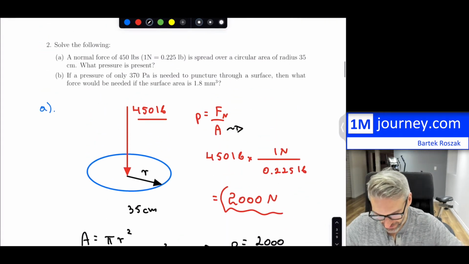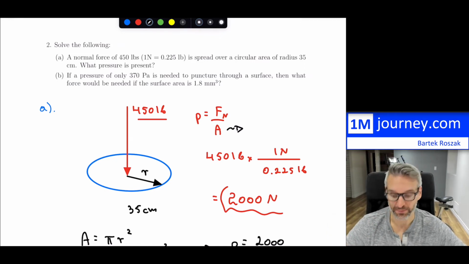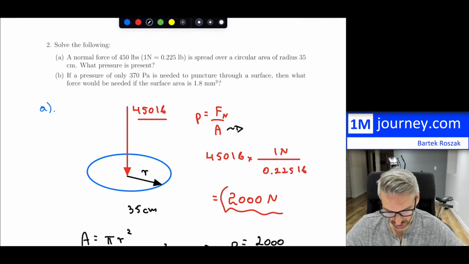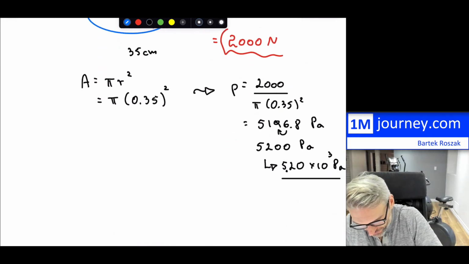Now, part B: if a pressure of only 370 pascals is needed to puncture through a surface, then what force would be needed if the surface area is 1.8 millimeters cubed? Ooh, okay. So let's write all of these things down. What is given?